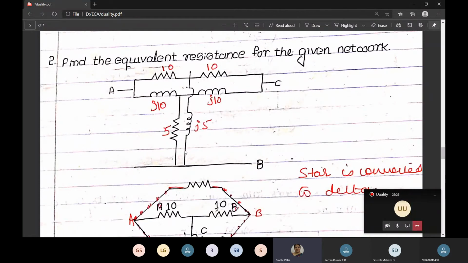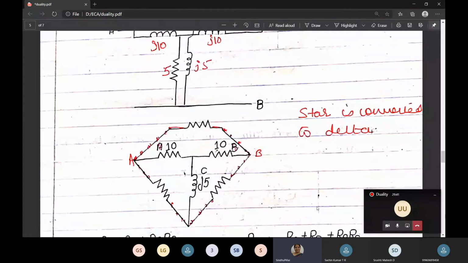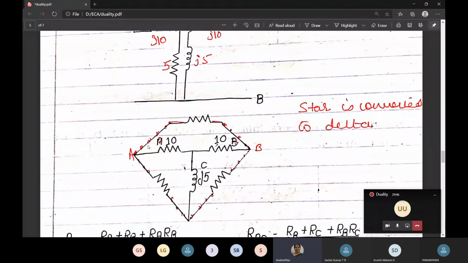So two star connections are given in the network. Separate these two star connections and convert them to delta. Then you can reduce the network. So the first star connection I will take, that is 10, 10 and J5. I have just put the outline of the delta here, to which it has to be converted.